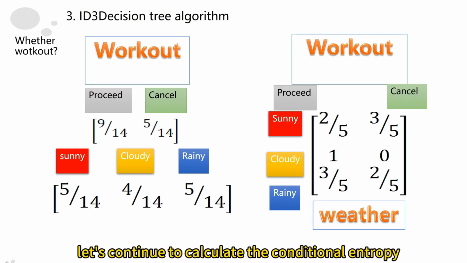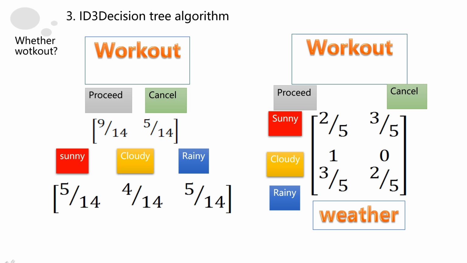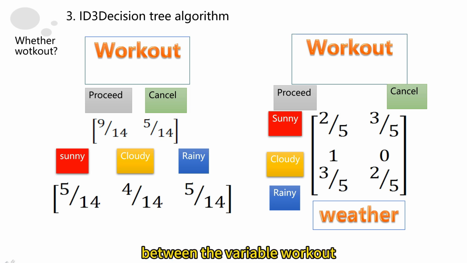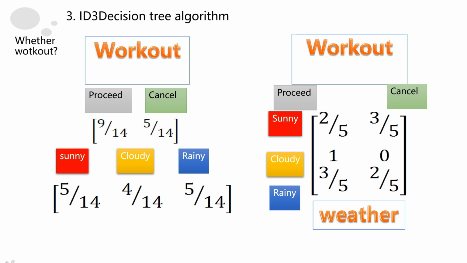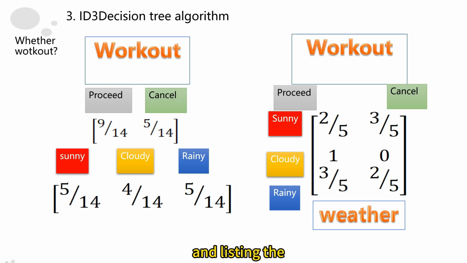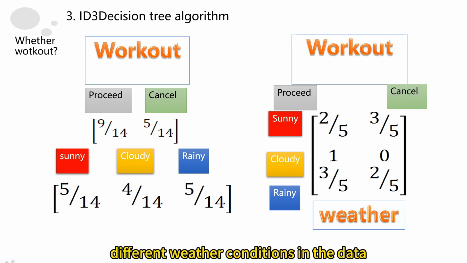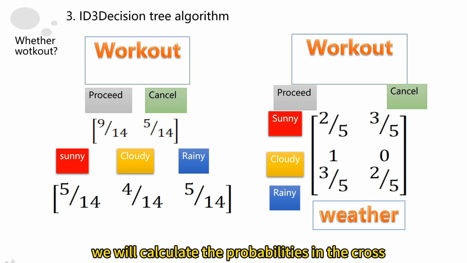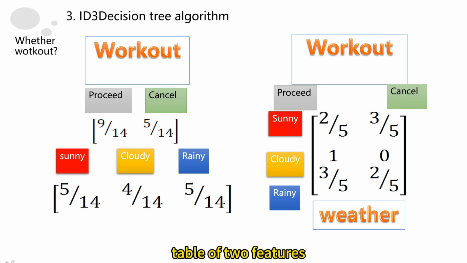Let's continue to calculate the conditional entropy. First, we'll examine the conditional entropy between the variable workout and the variable weather. We'll begin by separately listing the probabilities of workout in the data and the probabilities of different weather conditions in the data. Next, we will calculate the probabilities in the cross-table of the two features, weather and workout.